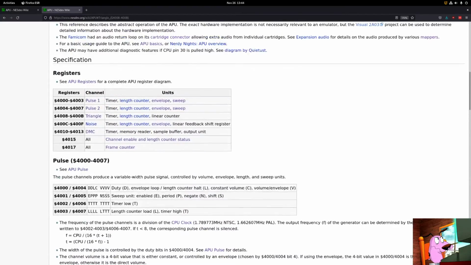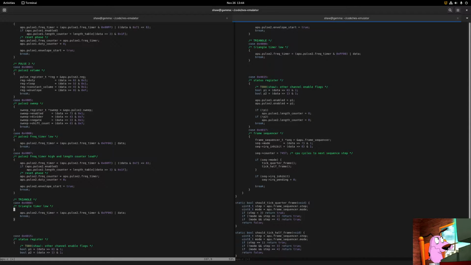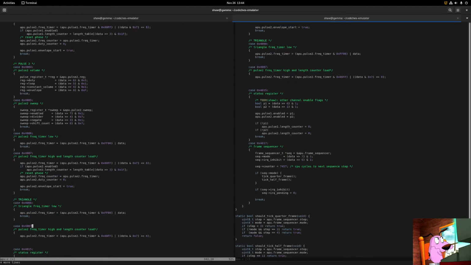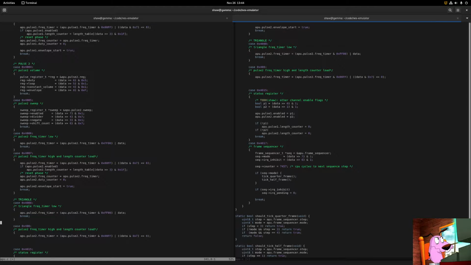What formula? I don't know what it's talking about. So we can change all those at once. 9 is unused, so it's A and B that we need.